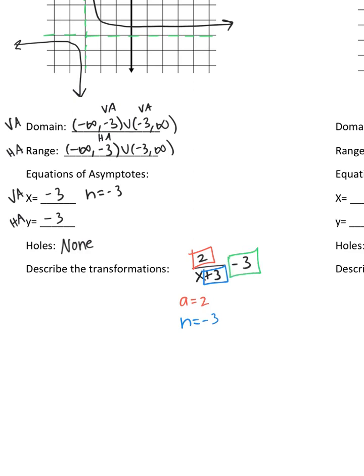And the number at the end is my k. So k is -3. My a value of 2 is going to cause me to have a vertical stretch. It's a stretch if that value is bigger than 1. The h being -3 is going to make me move left 3. And k being -3 is going to make me move down 3.